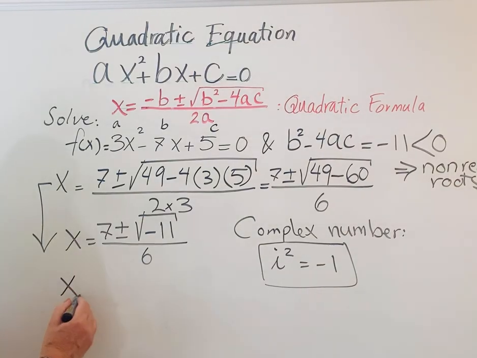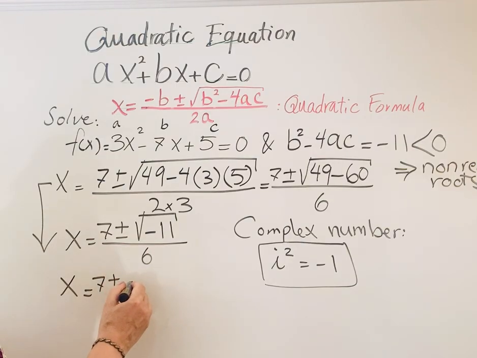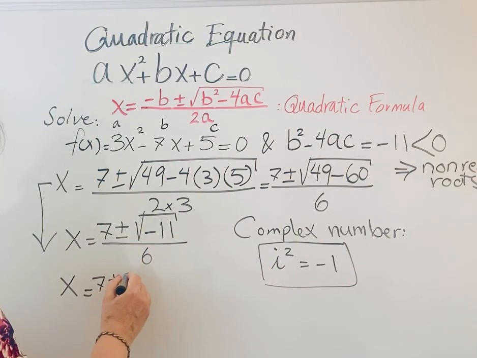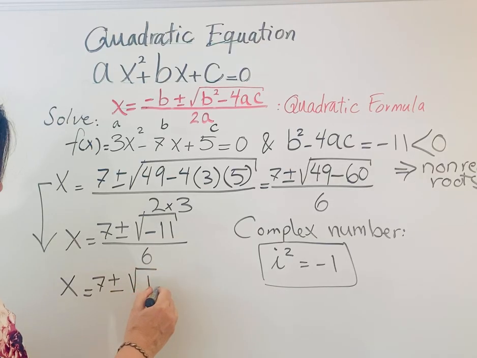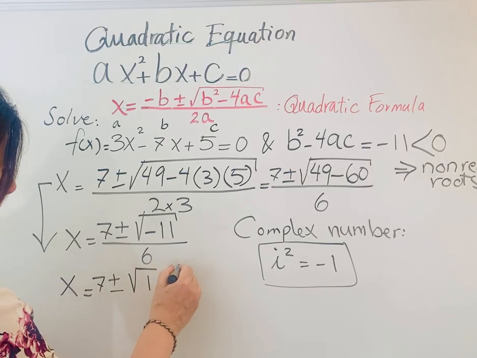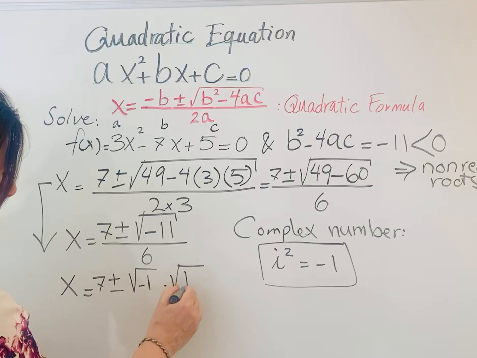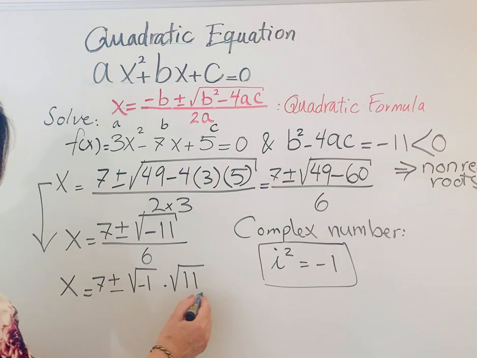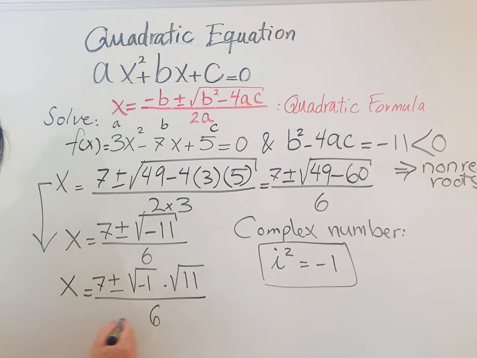We can say x equals 7 plus and minus. On the radical, we can write -11 as -1 times 11. Radical -1 times radical 11, everything over 6, right? 7 plus minus.